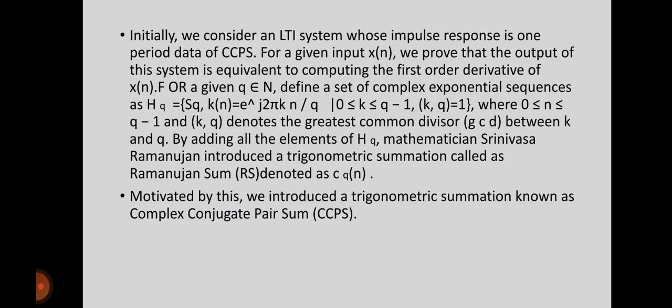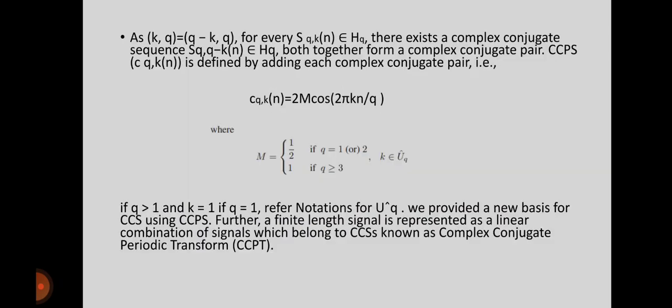By this trigonometric summation, the complex conjugate pair sum is introduced: s q comma k of n is the complex conjugate of s q comma q minus k of n, for every s q comma k of n belonging to H q. There exists a complex conjugate sequence s q comma q minus k of n belonging to H q, and both together form the complex conjugate pair.